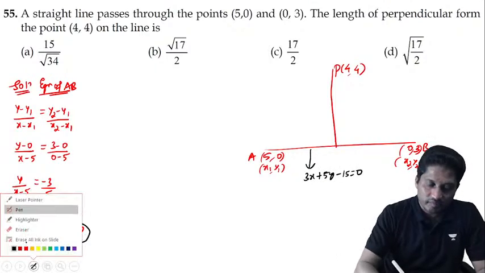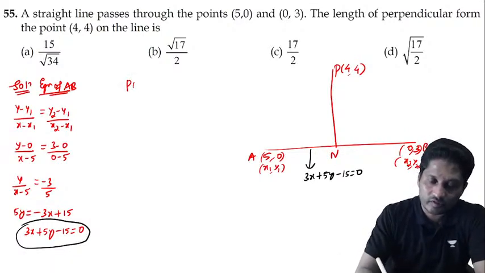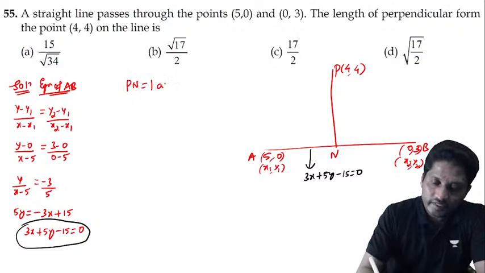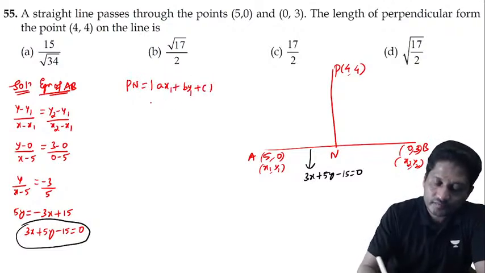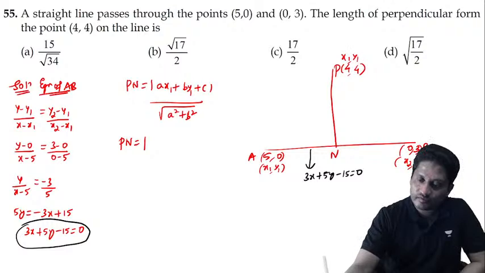Now if I use the length of the perpendicular formula, PN is equal to modulus of (ax1 plus by1 plus c) divided by root of (a square plus b square). No need to check what is x1, y1, nothing. So this is x1, y1, right?